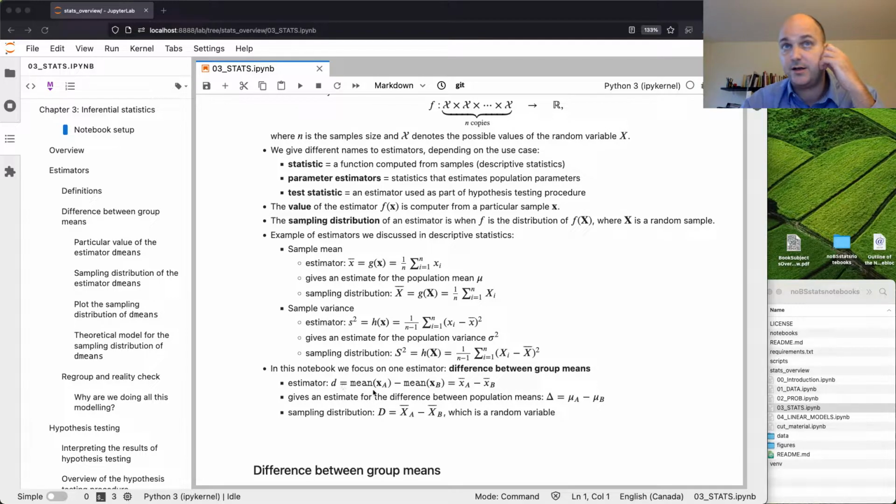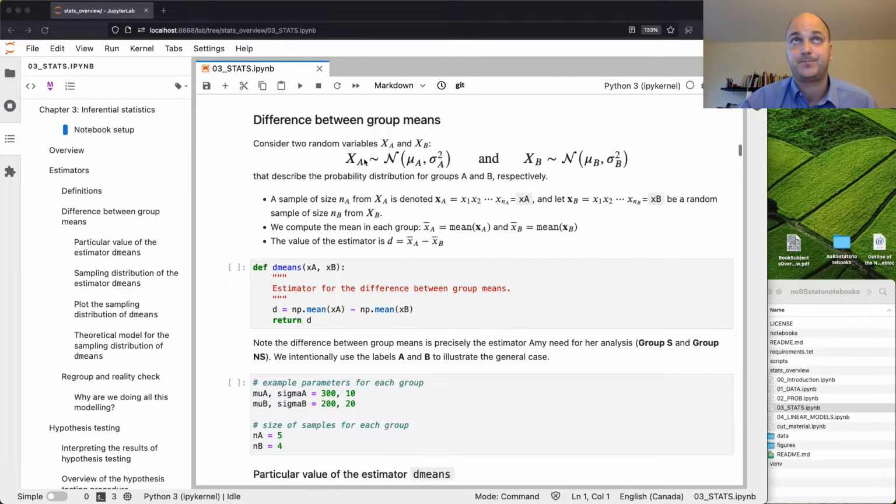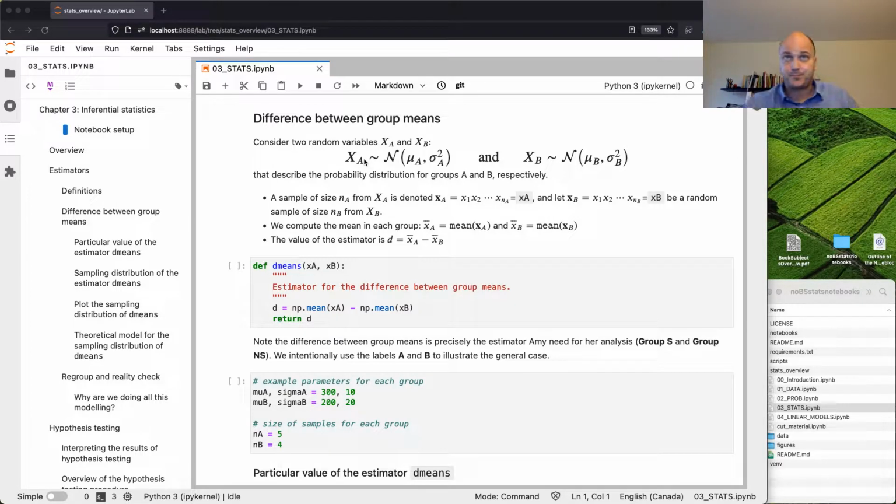So you see, each time it's the same concept. You have an estimator, which tries to estimate some quantity, and how it varies around this quantity is described by the sampling distribution. Okay, let's dig into this a little bit more, specifically this one. Imagine two groups. To make the model precise, because this works for any kind of distribution but we want to have some formula, let's assume the two groups are normally distributed.